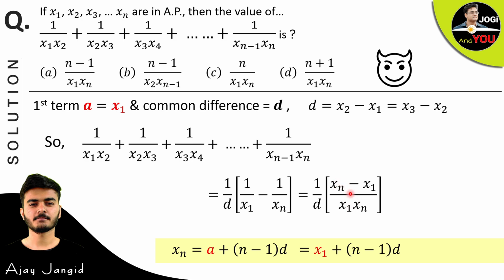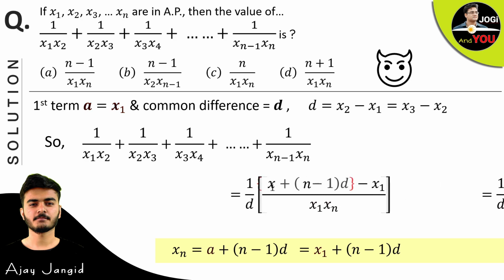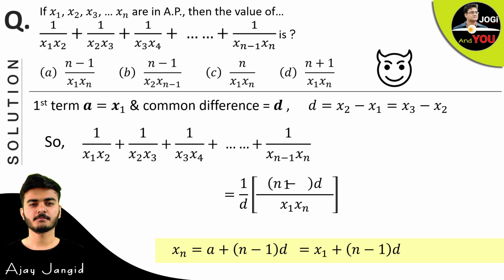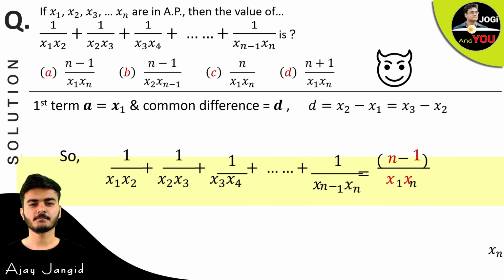So just replace it here and after replacing this, we have this form. And now we have plus x1 and minus x1. Both cancel. So the remaining is 1 upon d in bracket n minus 1 d upon x1 xn. d and d will be cancelled. Then we have the value of our expression which is this.